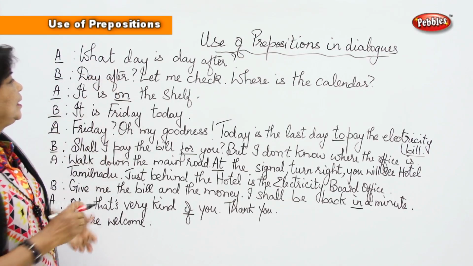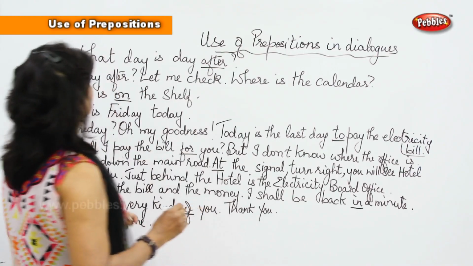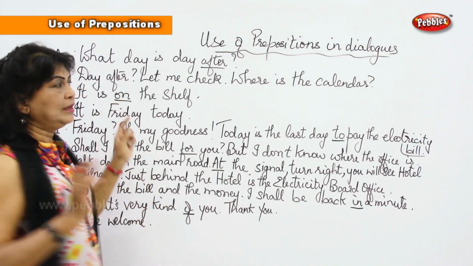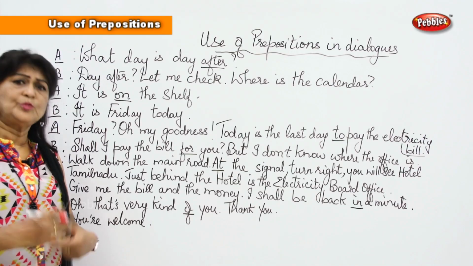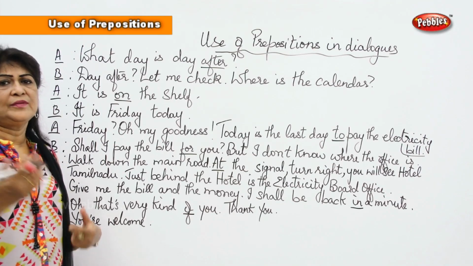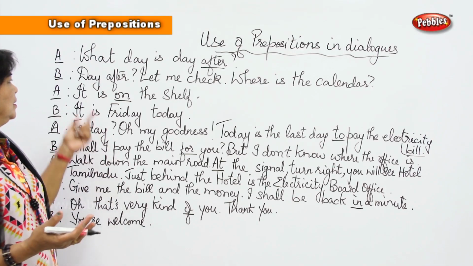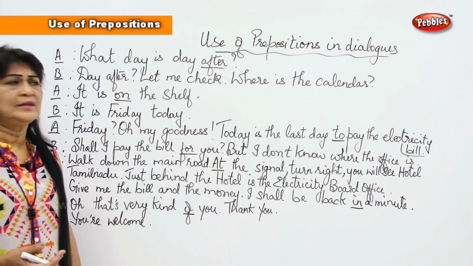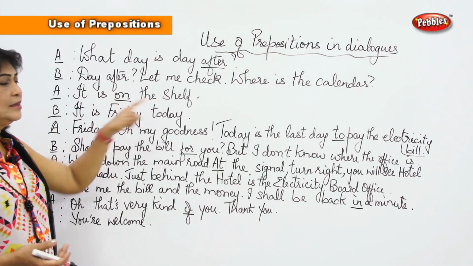What is day after? Here, after is a preposition. He said, what is day after? That is tomorrow. Then, let me check, where is the calendar? B is asking, and A says it is on the shelf.